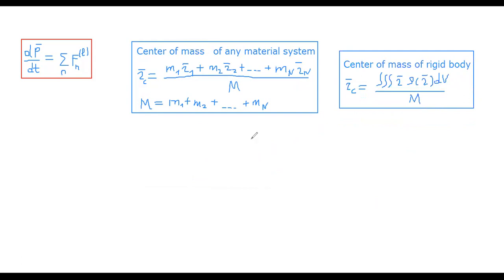For example, if a material system has a plane of symmetry, the center of mass will be on this plane of symmetry.